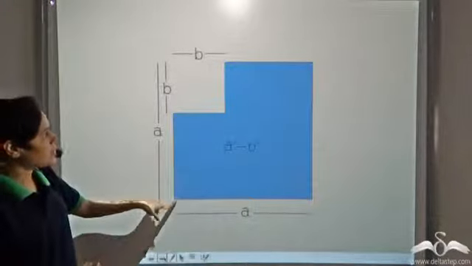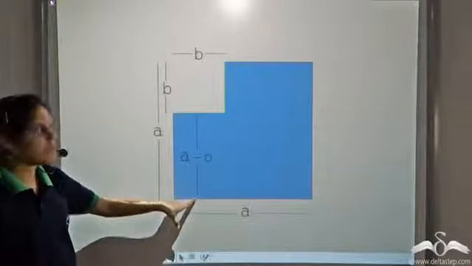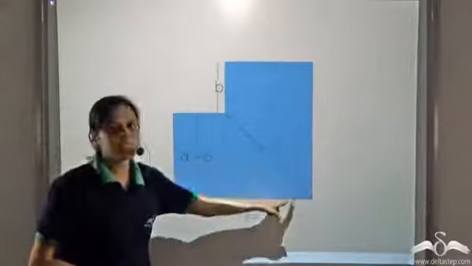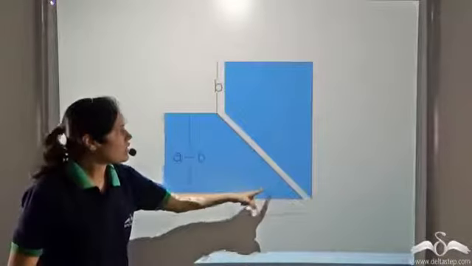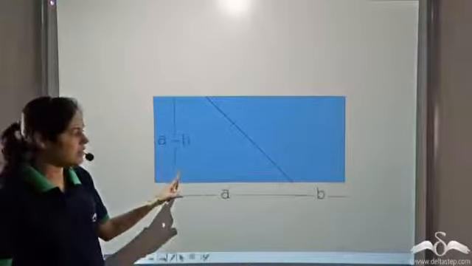This length is A minus B. We cut this into two parts and then we rearrange it to form a rectangle.